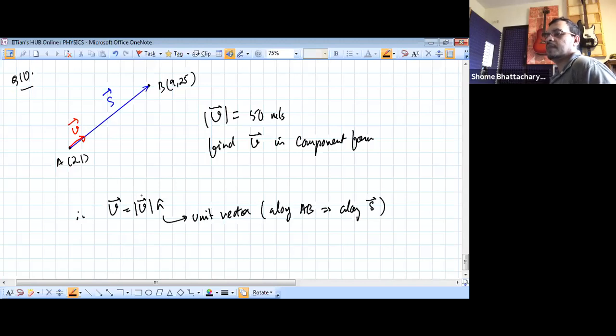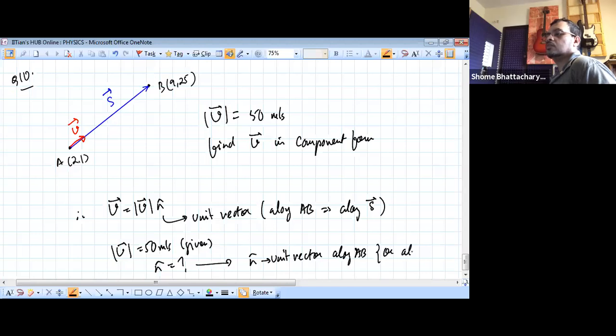You know the magnitude is 50 meters per second. That's given. But what about n cap? N cap you have to find. So n cap will be the unit vector along AB, or along S. This is the hint to you.